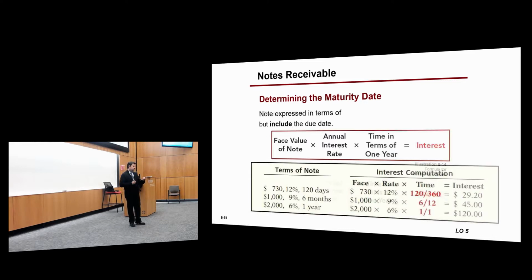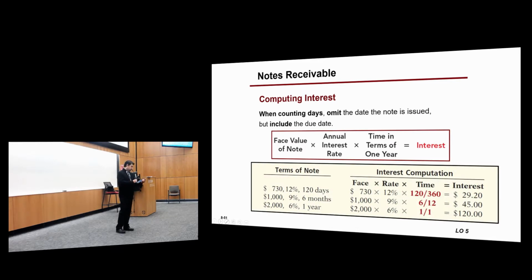Okay? So that's an example here of the different ways that it is presented. So the first one here, for example, says 120 days. When it is 120 days, you divide it by the number of days in the year.